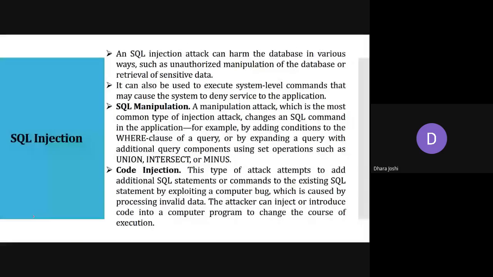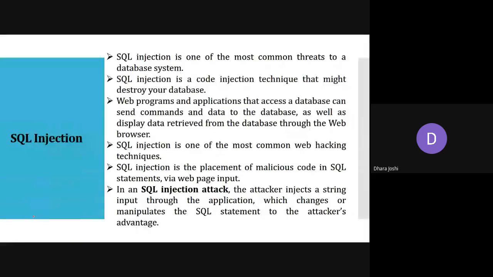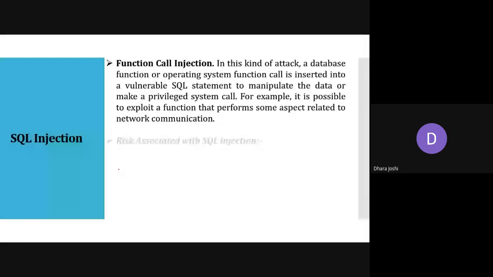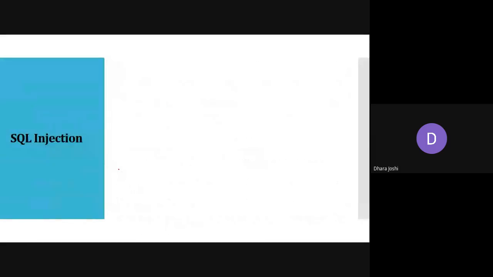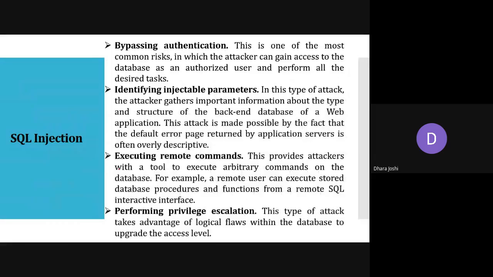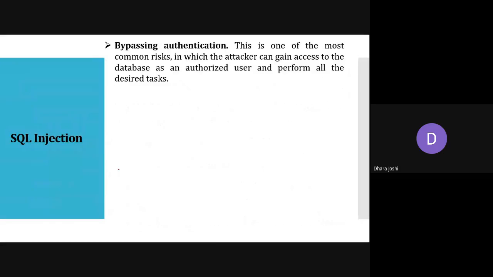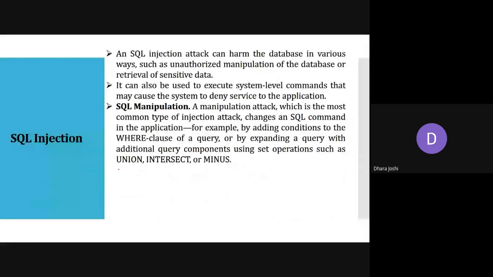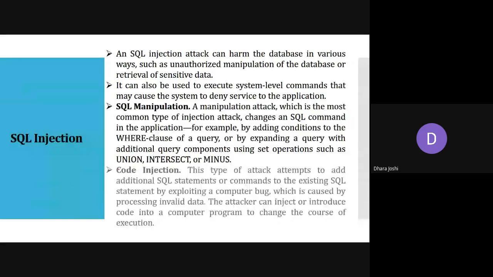So if in the exam they ask you to explain SQL injection, if it is for 7 marks, you need to write all these things. You need to explain what SQL manipulation, code injection, and function call injection are, and what the risks are. But if the question is asked for 4 marks, then you can just give the names from here. For the risks associated, you can explain what SQL injection is, and these 3 types in 1 or 2 lines.